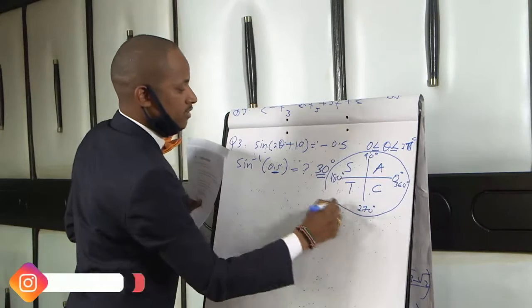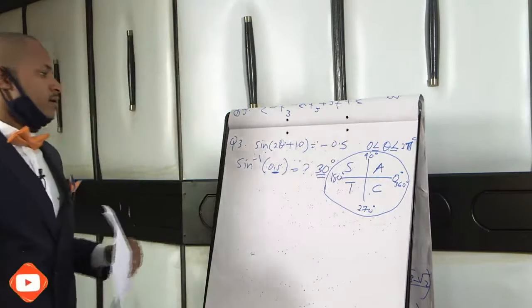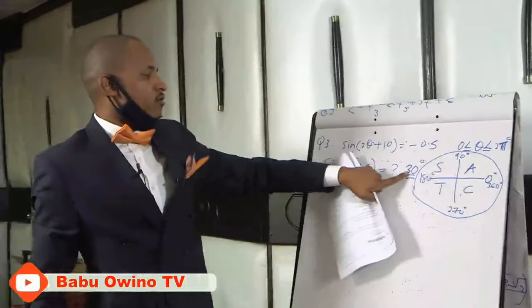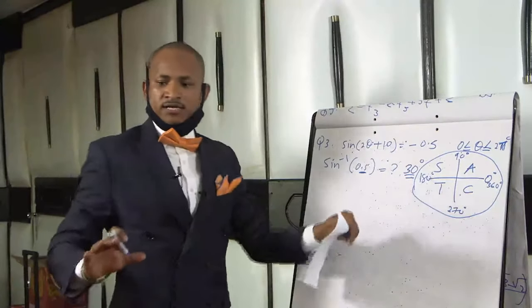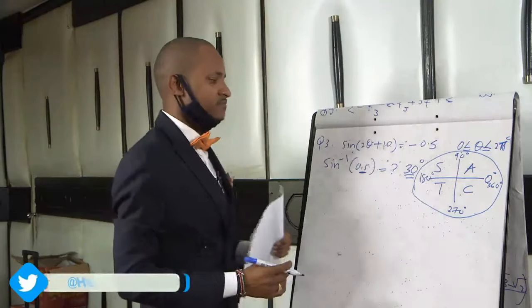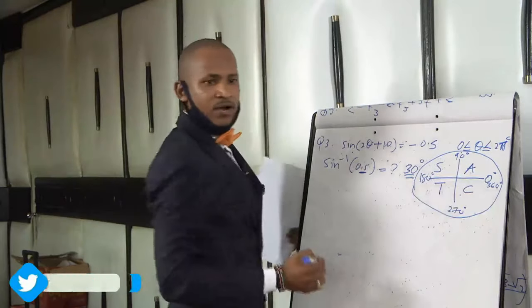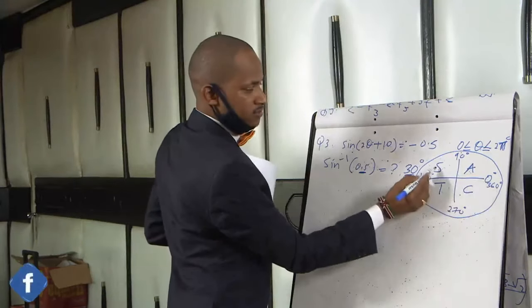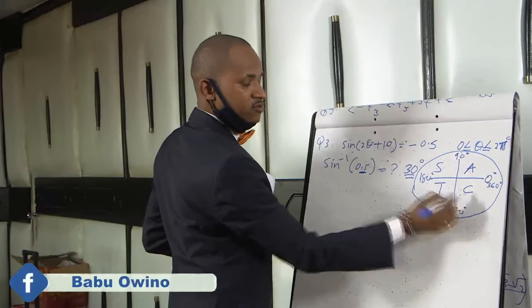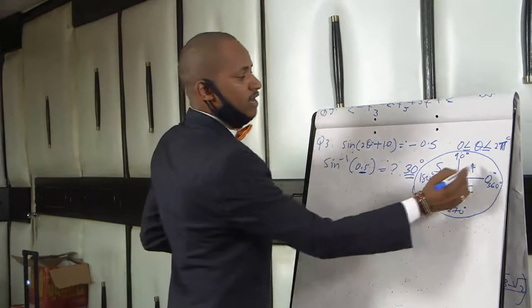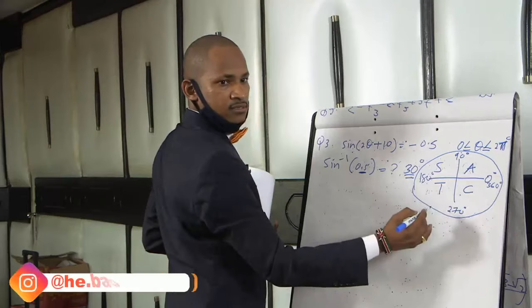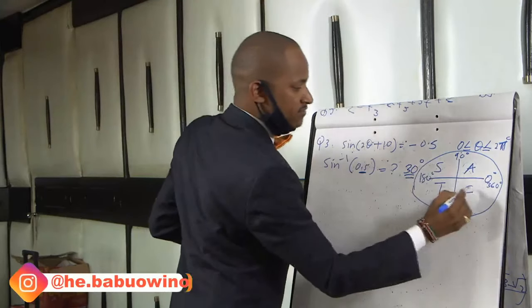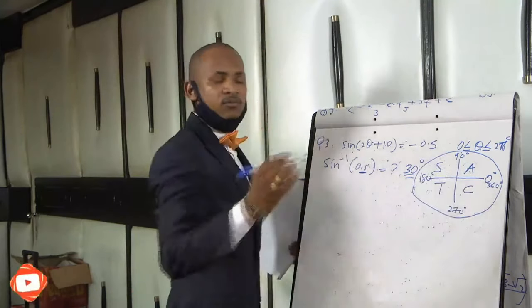So this quadrant circle, we want to find all the quadrants where the sine is negative. So in quadrant number 1, this is all angles. This one is sine, this is tangent, this is cosine. So all trigonometric functions in the first quadrant are all positive.